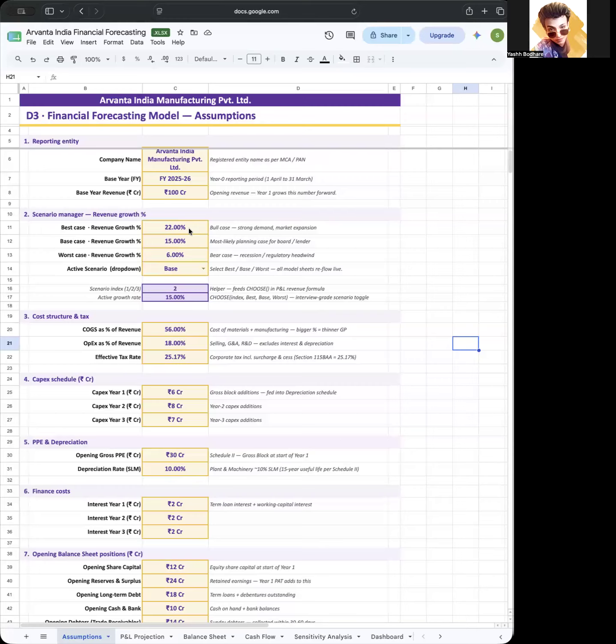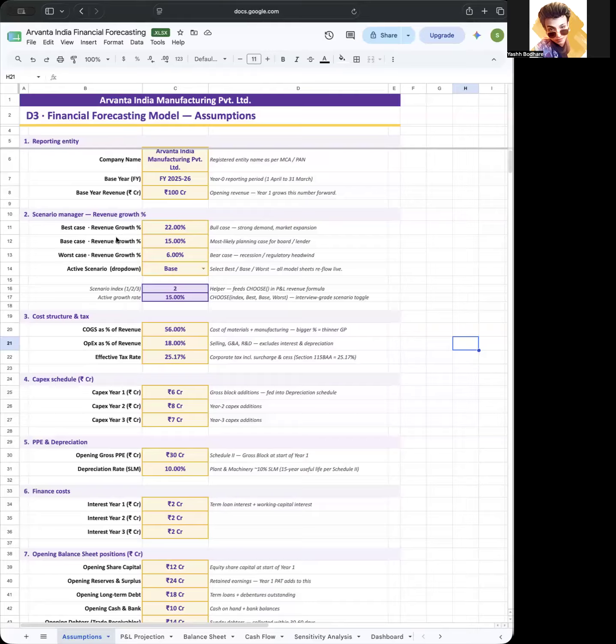So instead of relying only on one prediction, this model considers three possible outcomes: best case, base case, and worst case. This allows the management to evaluate both expected performance and potential upside or downside.